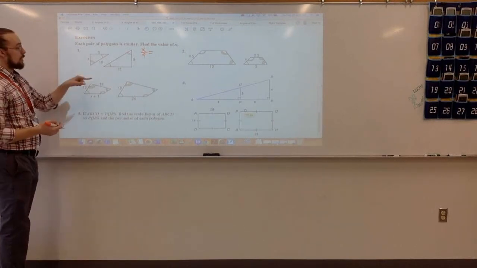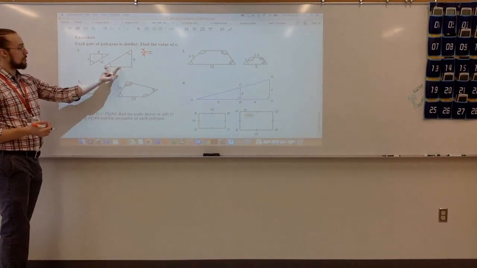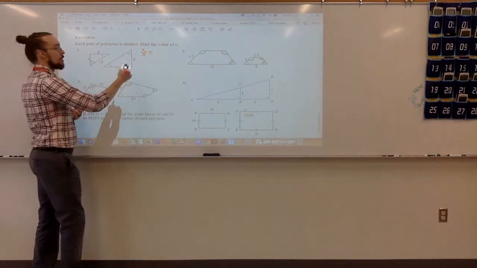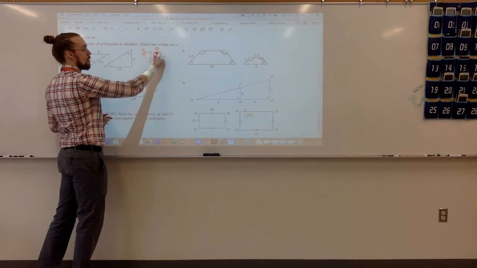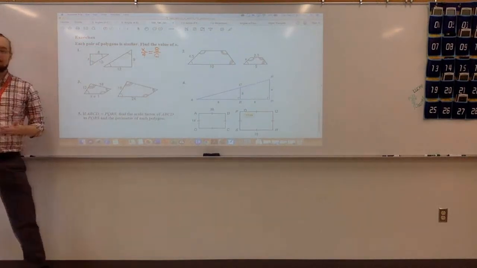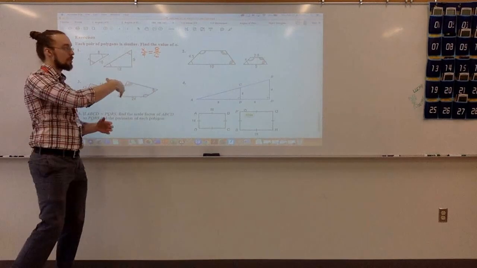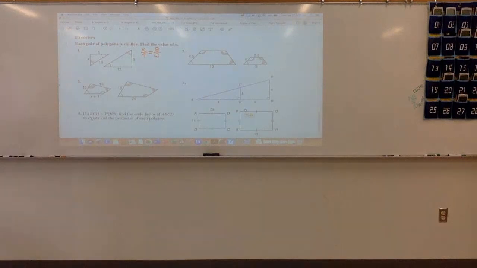So it looks like 8 and 12 would correspond. So I could say x over 9 equals 8 over 12 to set up that proportion. So let's take a couple of minutes here. You guys finish number 1 and then try number 2 here. Solve for x.